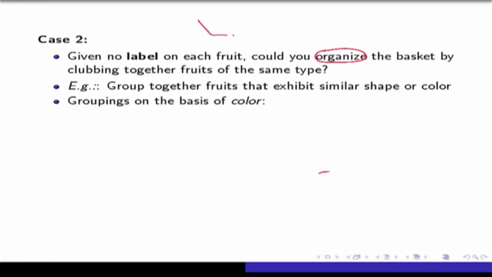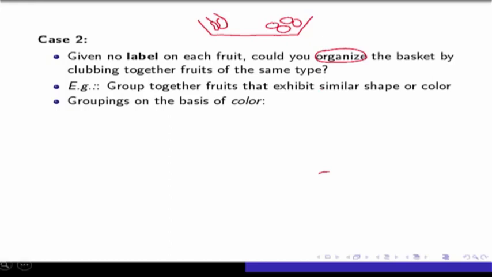What does this mean? It means, well, I have this big basket. I would try and get some of these fruits which are of the same type on one end, maybe some other fruits which are of similar type at the other end.